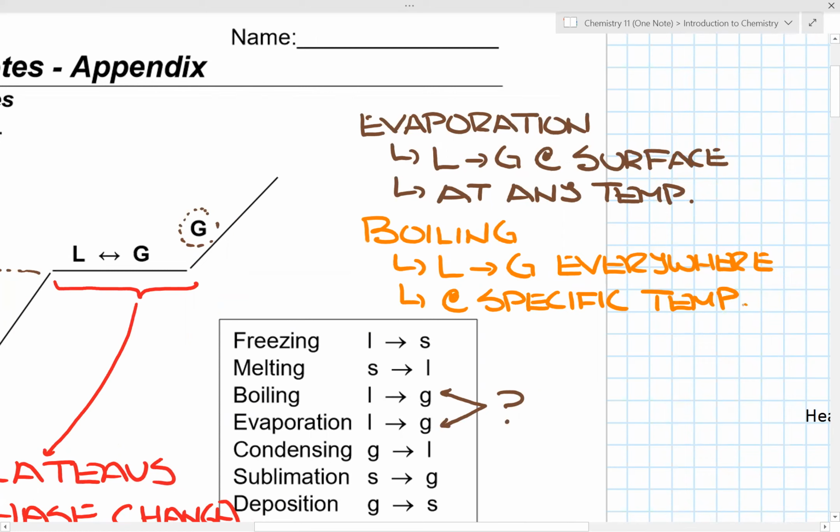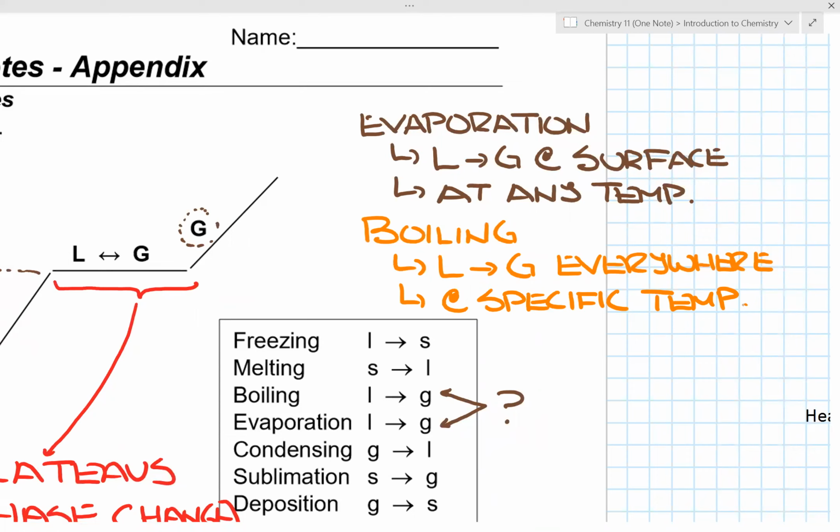If we were to use water, let me give you an example of a difference between evaporation and boiling. Evaporation is liquid to gas at the surface. This is how your clothes dry. When you do your laundry and you stick your wet clothes into a dryer, it is drying via evaporation and it can occur at any temperature.